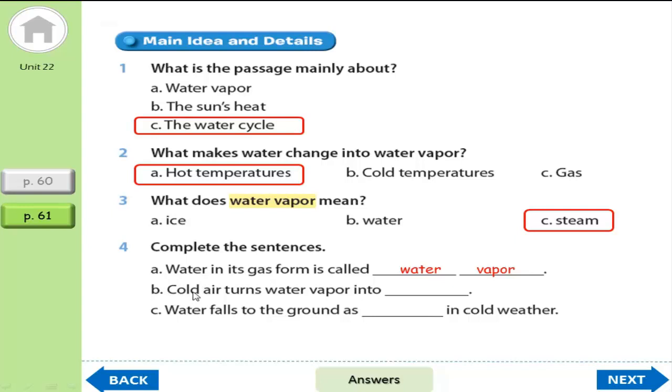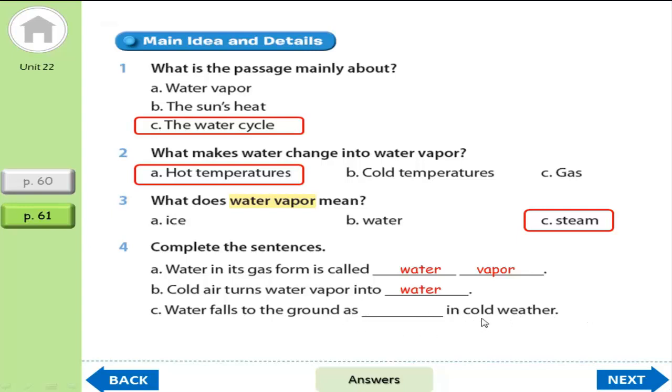Letter B. Cold air turns water vapor into. So what word should we write in here? Okay, so cold air turns water vapor into water. And letter C. Water falls to the ground as, in cold weather.